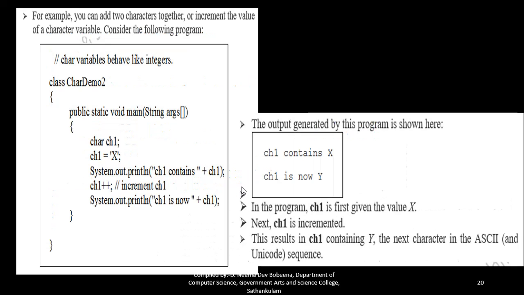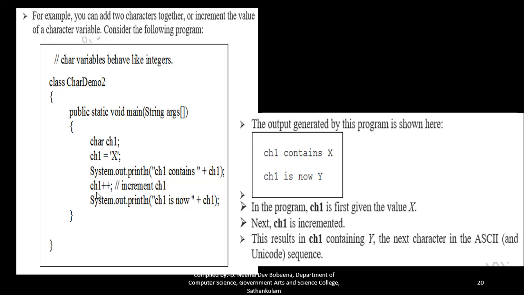Next example: here we have declared a character variable ch1 and assigned capital X to ch1. Now we are going to see that we can add two characters together, or we can increment the value of a character variable.